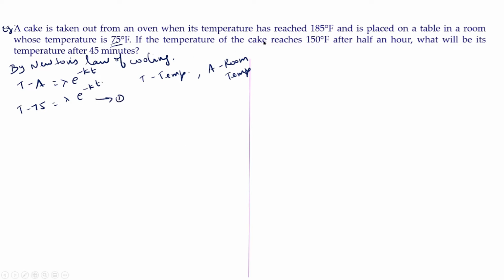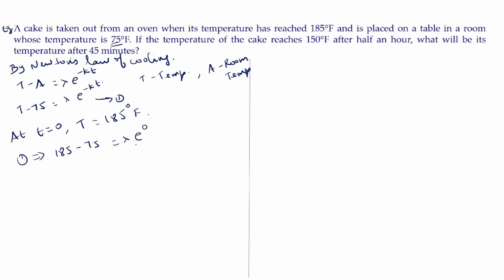Here it is given that at time t equal to 0, the temperature is 185 degrees Fahrenheit. Therefore, from 1 we have 185 minus 75 equal to lambda into e raised to 0 into k.